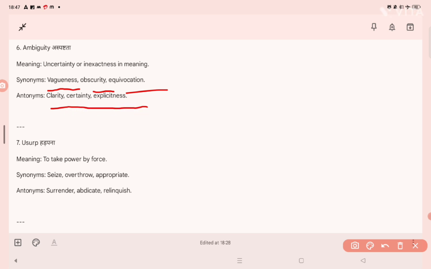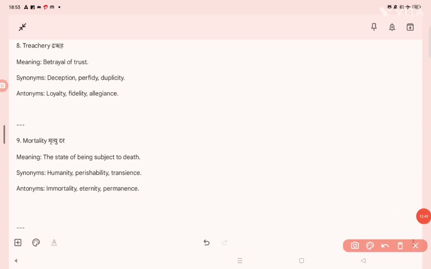Usurp: seize, overthrow, appropriate. Surrender, abdicate, relinquish. Treachery: deception, perfidy, duplicity. Loyalty, fidelity.